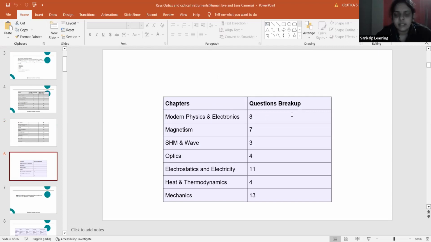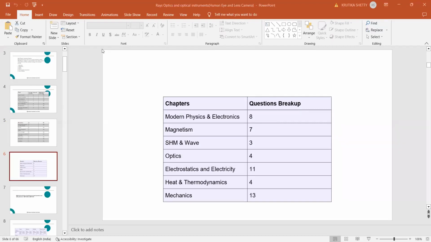The upcoming classes will be based on this weightage. Then next, here you can see the chapters and the questions, how they are going to break up. Okay, so questions ಅನ್ನ ಯಾವ ತರ ಡಿವೈಡ್ ಮಾಡ್ತಾರೆ, that is modern physics ಮತ್ತೆ electronics questions ಅನ್ನ ಒಂದು ಪಾರ್ಟ್ ಮಾಡಿ ಅದರ ಮೇಲೆ ನಿಮಗೆ ಆಲ್ಮೋಸ್ಟ್ 8 questions ಬರುತ್ತೆ.